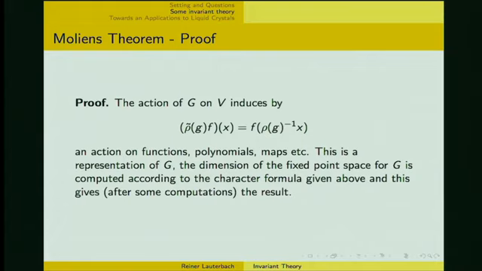And then you ask for those which are fixed, so you have an action on this, and you ask what is the dimension of the fixed point space in these representations. So if I find the fixed point space for G in the invariant polynomials, I mean, if I find the dimension, I find these numbers which I had before.